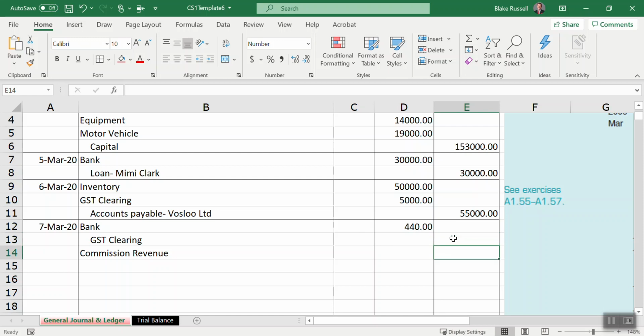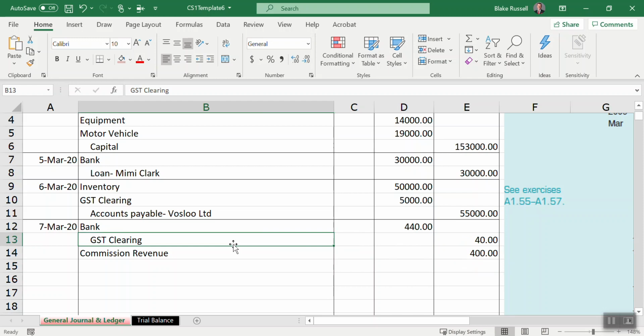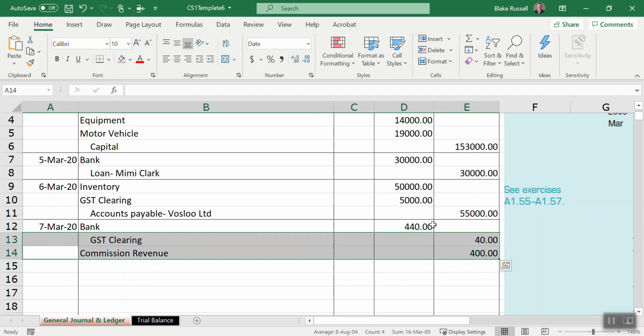The commission I'll be receiving out of that $440, so I'll be breaking this up into GST and actual commission. So it'll be 400 minus the 10% of that. So it'll be $440 and 400. So when you sell things, it's being credited to GST. When you buy things, it's being debited. I hope.